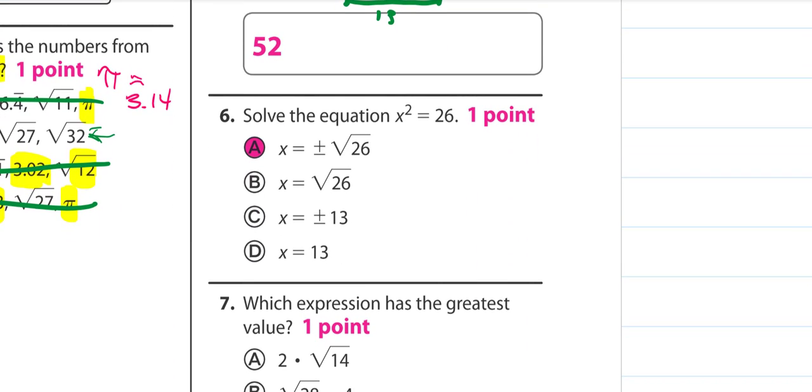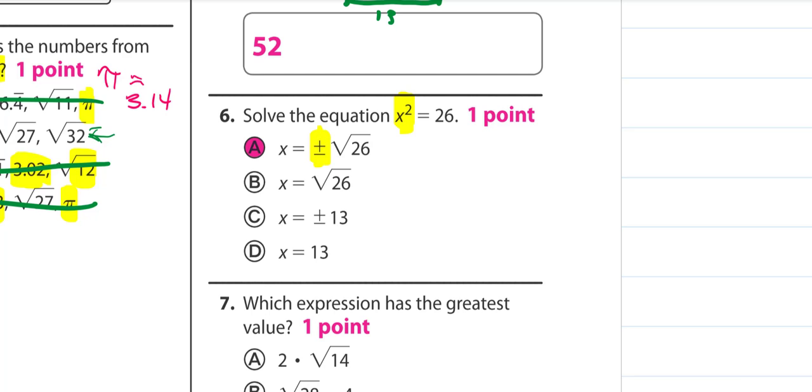For number 6, we're being asked to solve the equation x squared equals 26. Remember, when we're dealing with a square root, we should have two answers, the positive and the negative root. That's why for letter A, we have this positive and negative root.